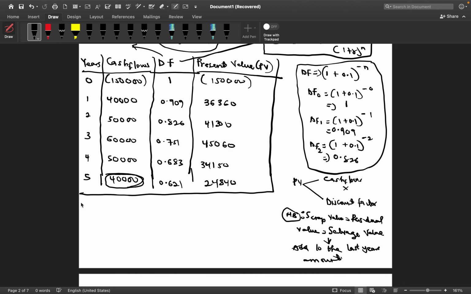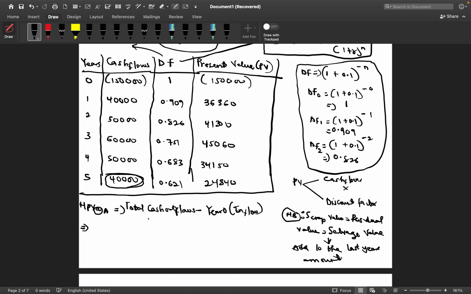So now, in finding the NPV for project A, the formula is our total cash inflows minus year 0, the initial investment.